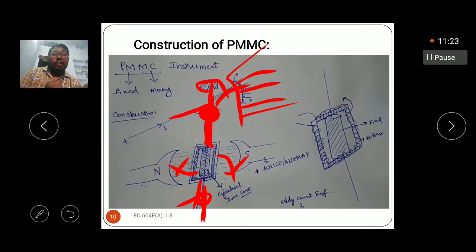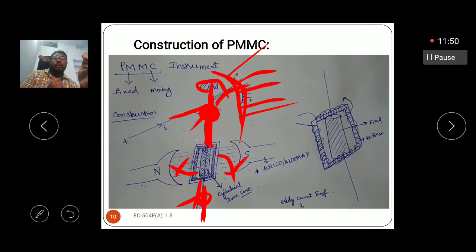Here we are having the springs, not jewel rings, at both the ends of this coil. Also we are connected to one spindle. At one end of the spindle we are connected the calibrated scale, and at both the ends of this spindle we are connected the jewel bearings.